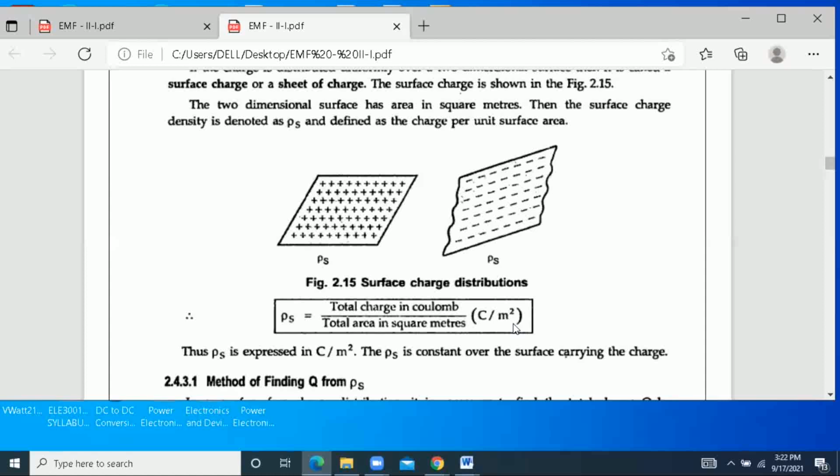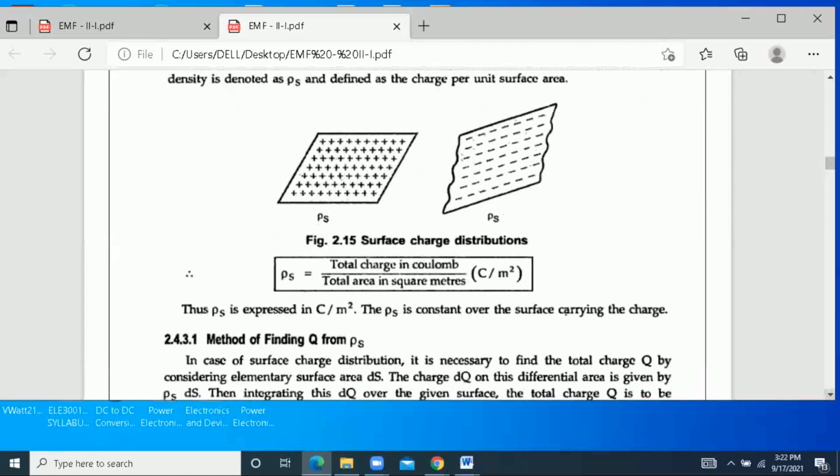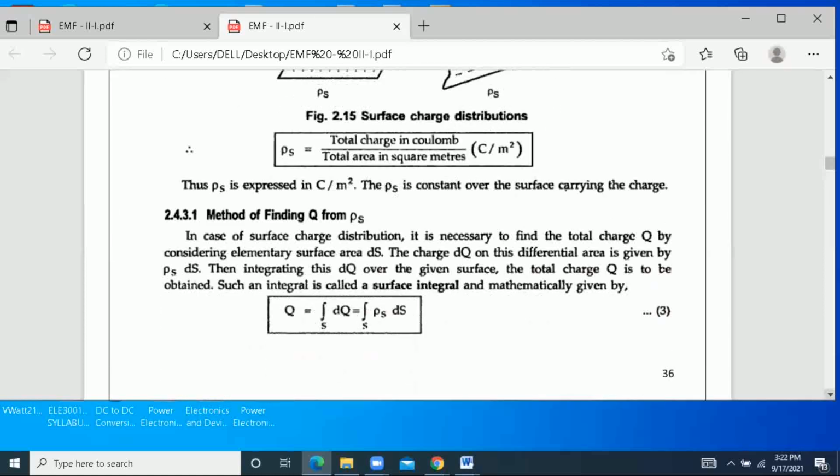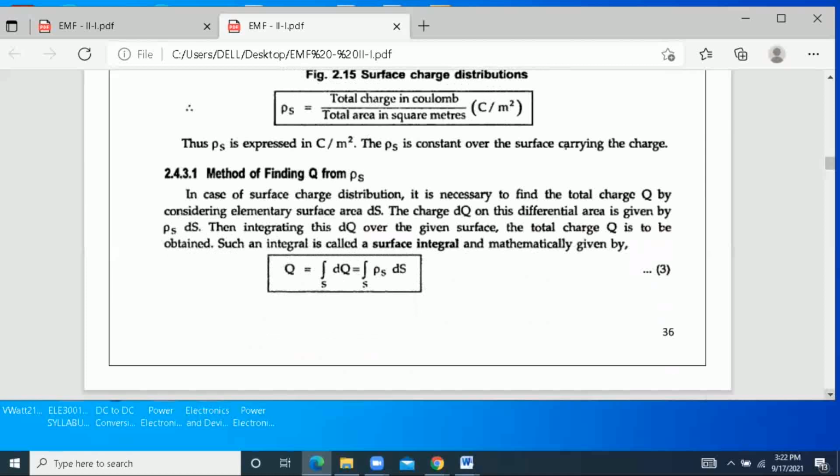All right. So let's find the total charge from rho s. If the surface was a rectangle, it would be length times width times the surface charge density.